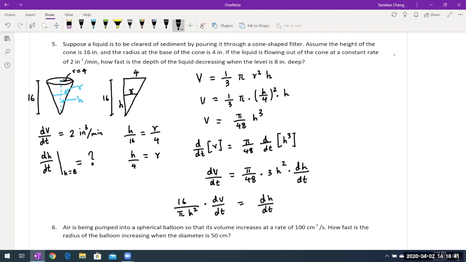So now what we want is to evaluate at a specific height. What is the instantaneous rate of change of the depth going to be? I want to find dh/dt specifically when the height is equal to 8 inches deep. So that is equal to 16 over pi times 8 to the second power times my rate of change in the volume, which is 2.